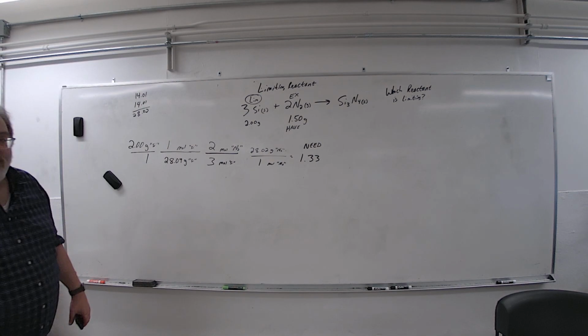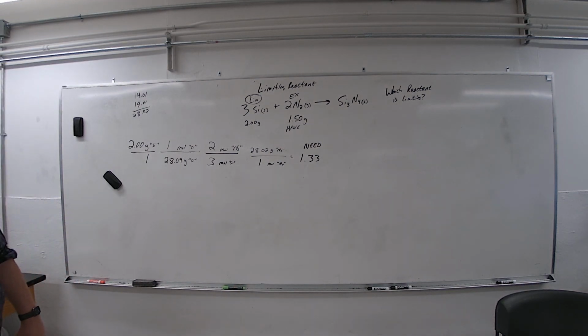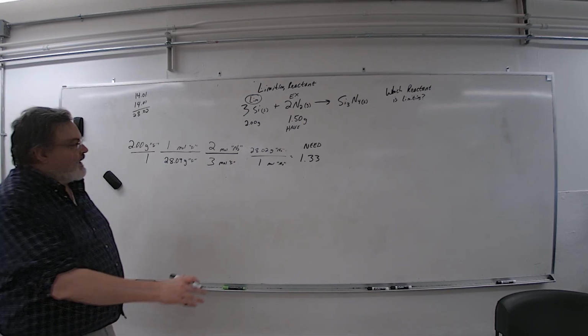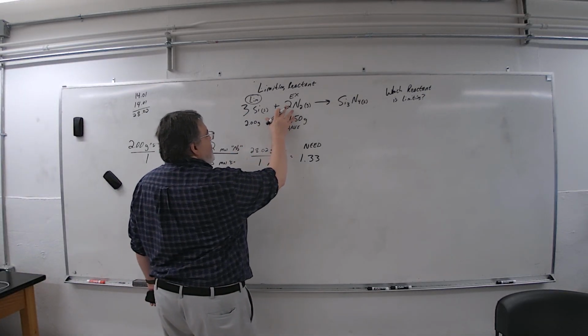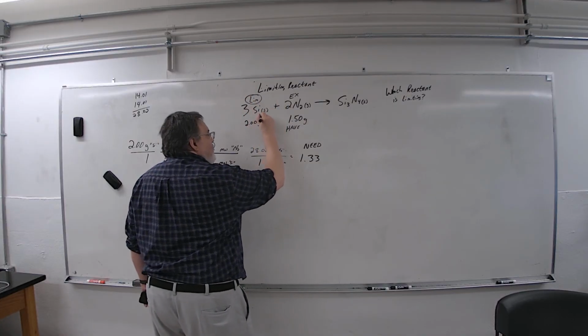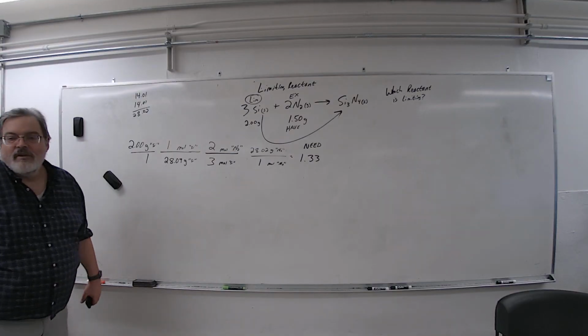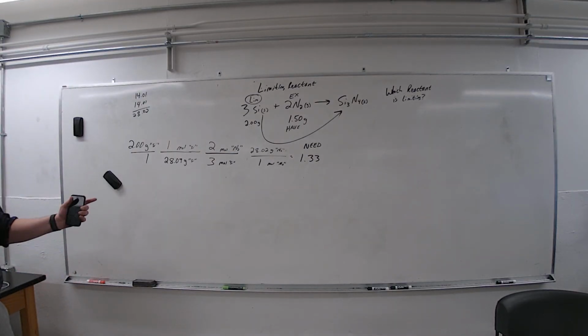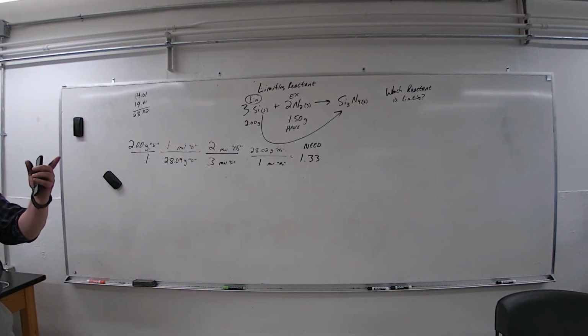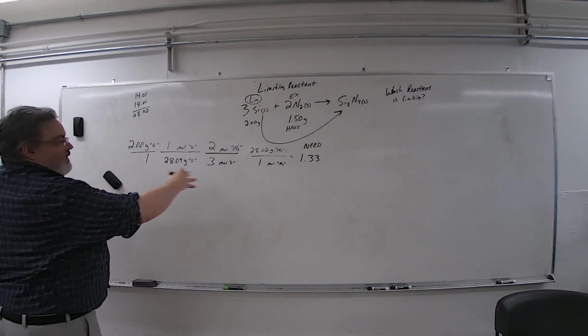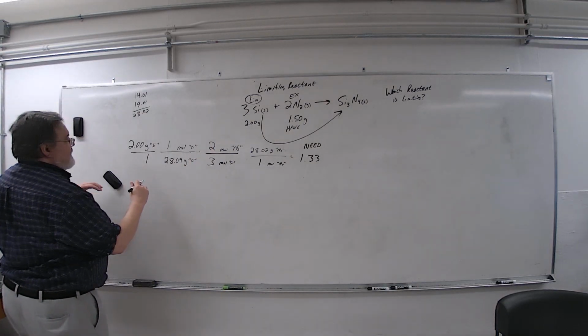And I'll say this. Do you remember why we want to know why that's the limiting? We were comparing the reactants. You're going to use the limiting one to predict products. That's the point. You figure out which one is limiting, and now you can predict how much product you're going to get. So it's another equation, but we're going to use limiting.